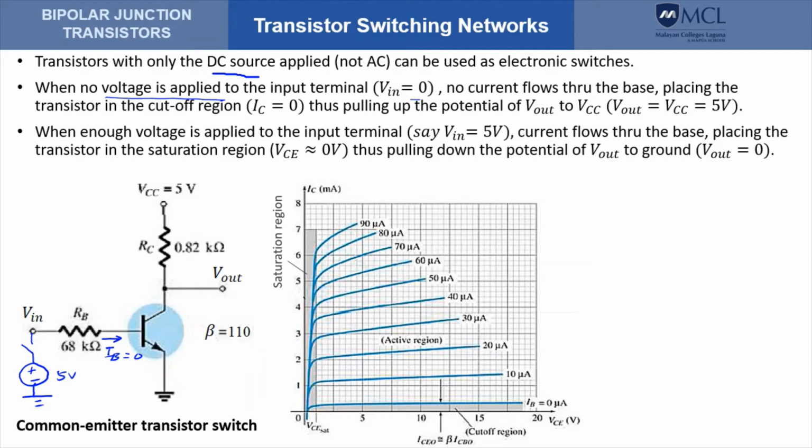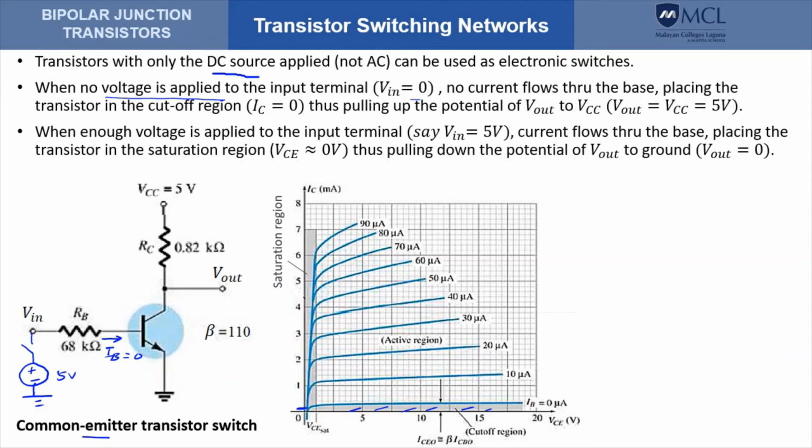If there's no base current for this common emitter configuration, that will place the transistor into the cut-off region here. And therefore, I sub C is very low, almost 0.